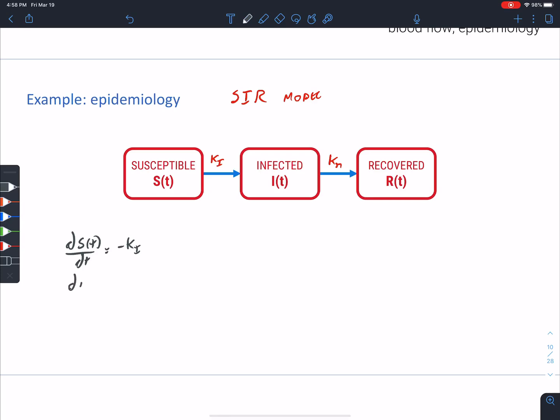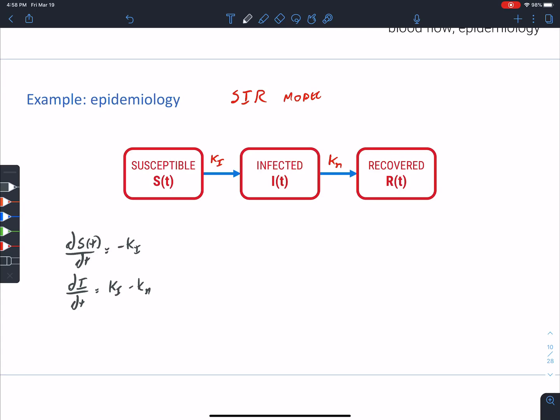We also can write that the number of infected as a change in time will be essentially k_i minus k_r, right? Input minus output. So the net change here would be k_i minus k_r.